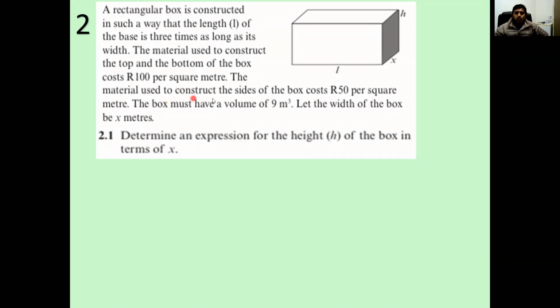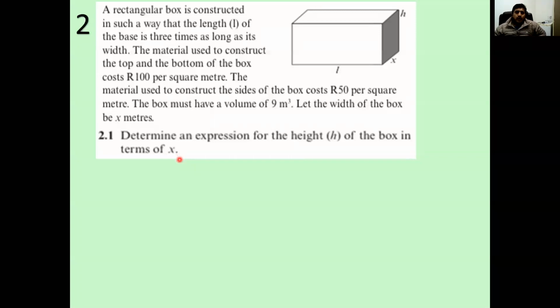The material used to construct the sides of the box costs 50 Rand per square meter. The box must have a volume of 9 meters cubed. Let the width of the box be x, which they've shown us in the diagram. The question is: determine the expression for the height of the box in terms of x.